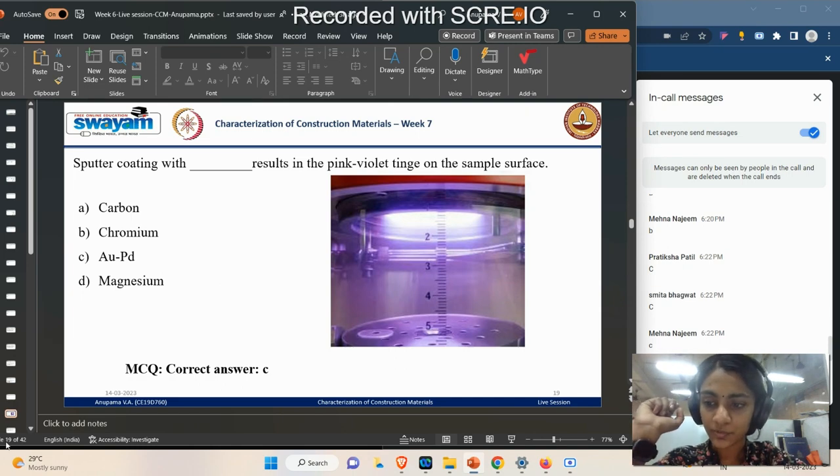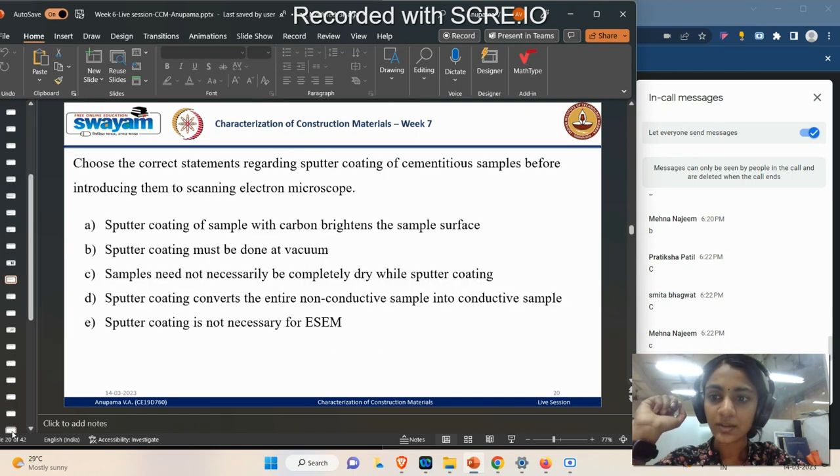Okay, let's move to the next question. Now choose the correct statements regarding sputter coating of cementitious samples before introducing them to the scanning electron microscope. Before introducing the cementitious samples, we have to sputter coat, because we have to make the surface conductive and thereby avoid the charging.